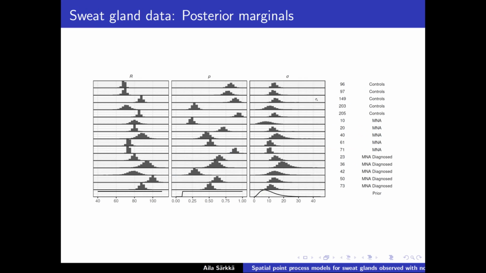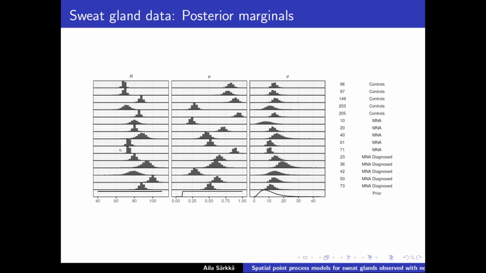If we compare, again, the 5 first ones are the control group, and then the neuropathy group without diagnosis, and then the neuropathy cases with the diagnosis. For the softcore parameter, or the disturbance Gaussian variance, we can't really see any difference between the groups. But if you look at the 2 other parameters, look at where this posterior distribution is concentrated.